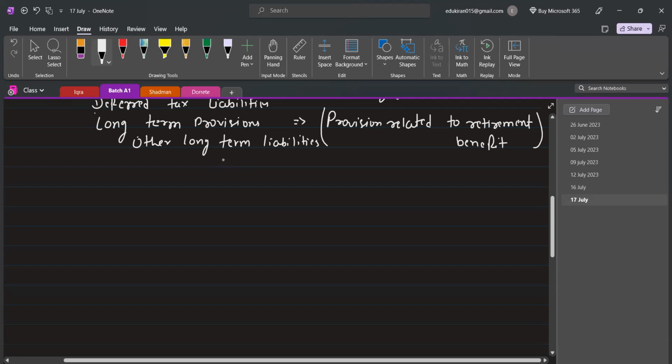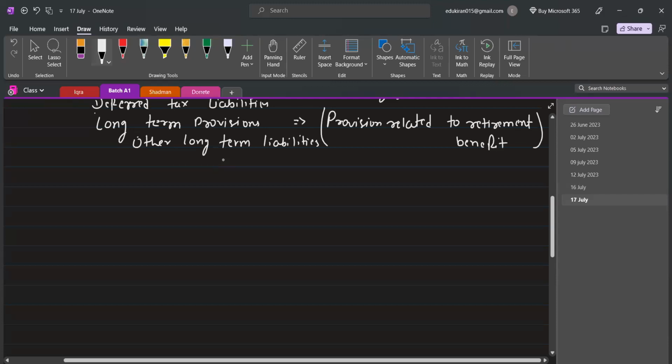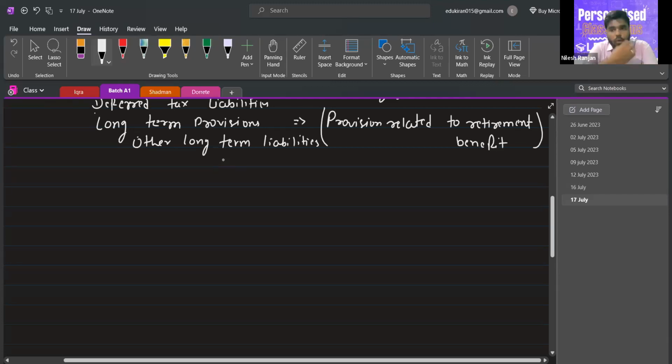Like generally when we let out our property, we give our property on rent, then we receive a certain amount of deposit. Yes or no? Yes, sir. So this is not borrowing. This is deposit money. But it is a liability. Yes or no?